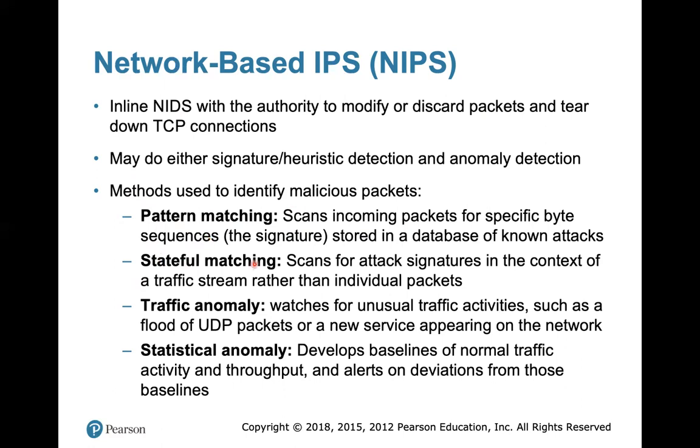They may do stateful matching, which means that they scan a flow of packets or a stream of traffic to find that signature. They may do traffic anomaly detection, which means that they watch the traffic behavior or traffic pattern and label it as normal or abnormal. For example, if UDP flooding happens, that's not normal and it's going to be labeled as abnormal.